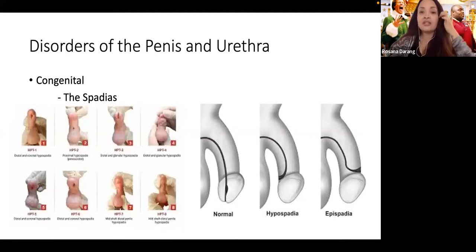I guess you could say that too, because if the location of the urethral meatus is, say, right here, or even more proximal, like over here, it would be hard to ejaculate into the vagina all the way through the cervix, because basically you're spilling semen just on the walls of the vagina. But again, something like this can be easily corrected by surgery, especially if it's diagnosed early.